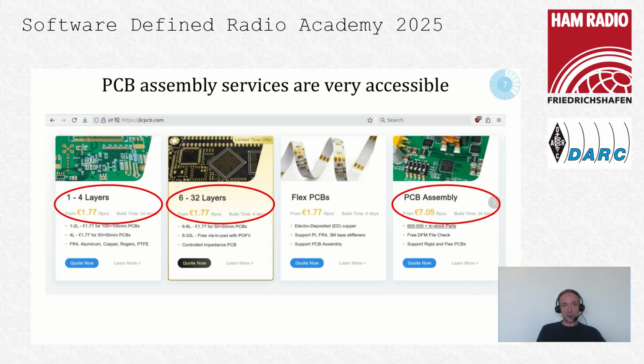And so to develop a custom ADC module for such a board, I looked at the services provided by JLCPCB, and I found that JLCPCB can make either entry-level PCBs or very advanced PCBs with up to 32 layers.